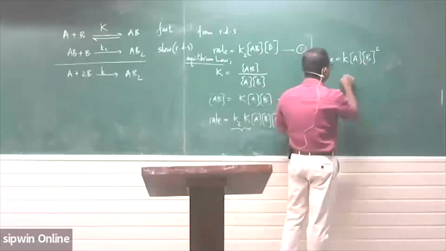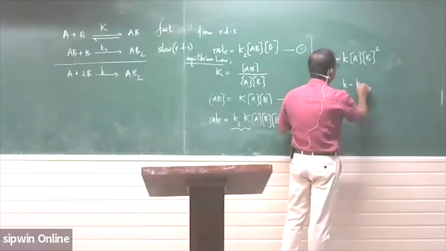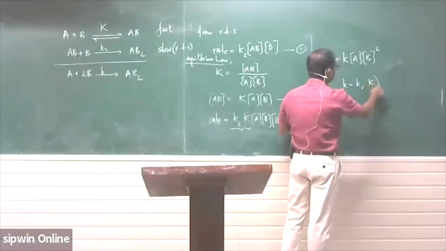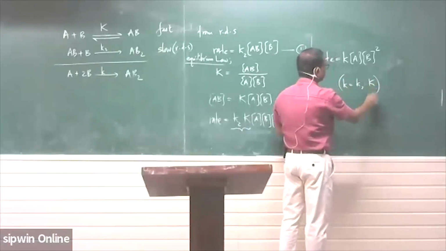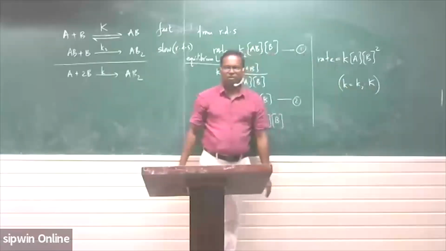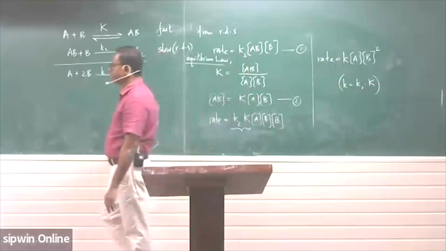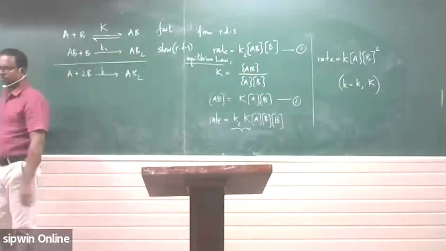Below this, K equals K2 K, the rate constant K for the overall reaction. Right?